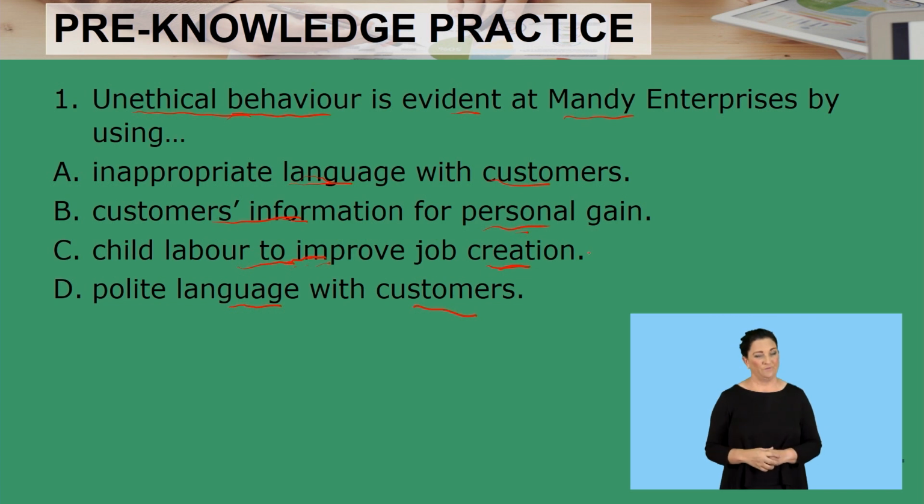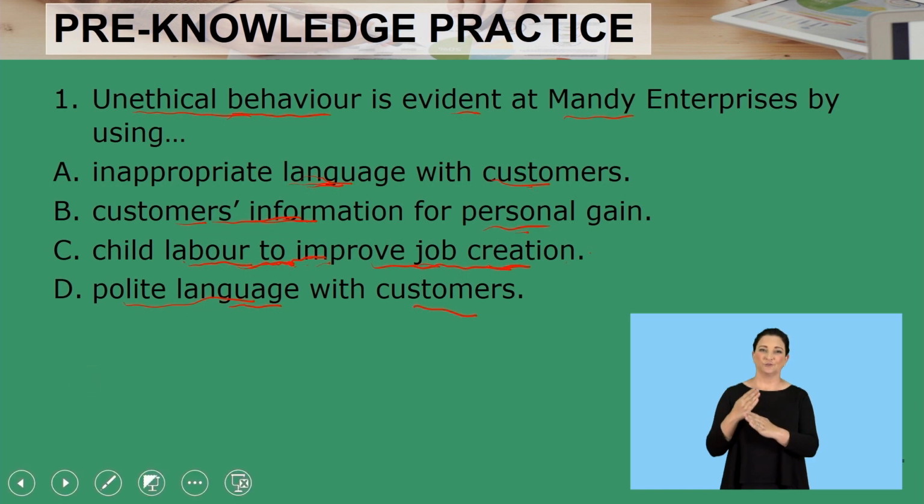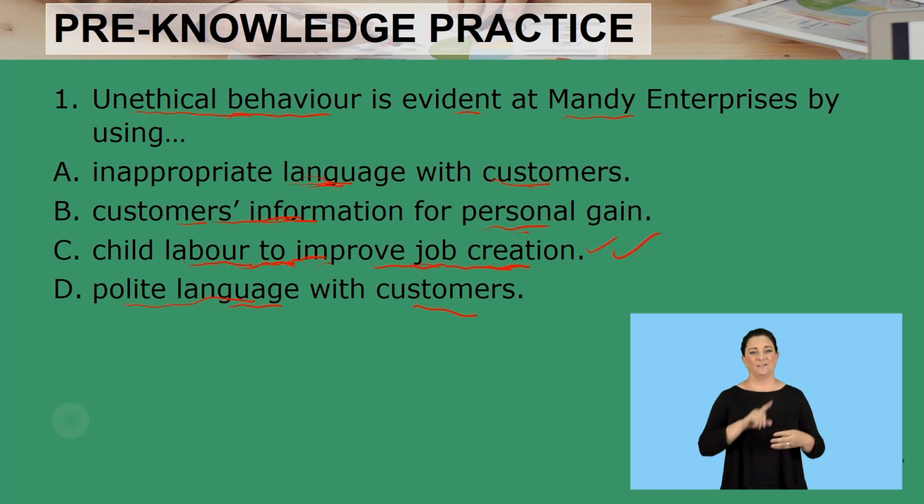So the answer there is supposed to be the idea that when the business is using child labor to improve job creation, they are being unethical. But when you're looking into polite language with customers, information being used for personal gain, especially information of customers, and the language being used with customers, that all relates to professionalism. But an unethical behavior becomes the use of child labor to improve job creation. So the answer there is supposed to be C.